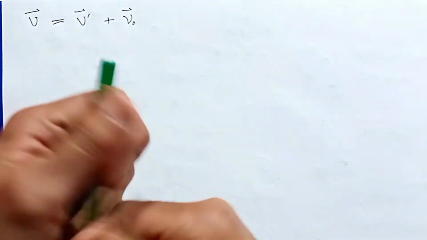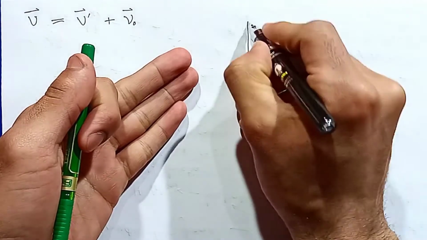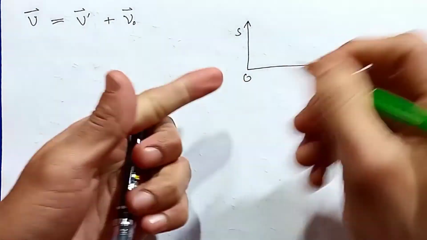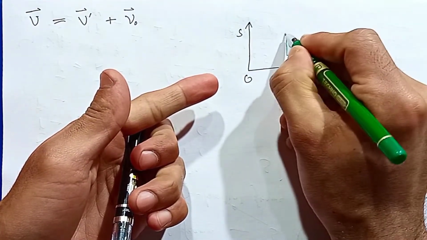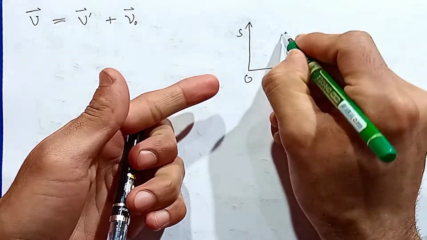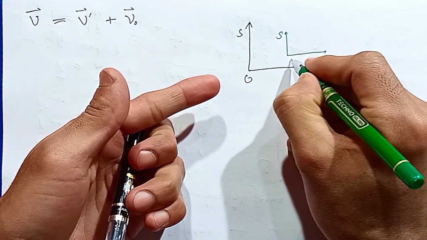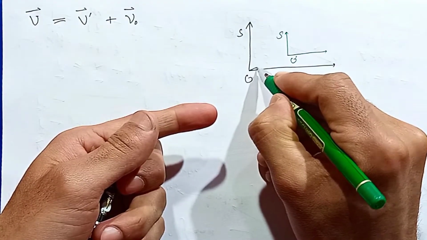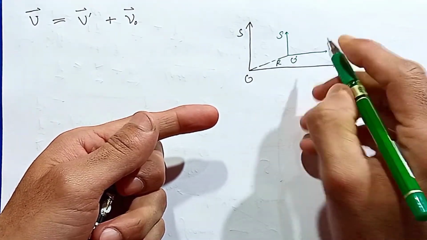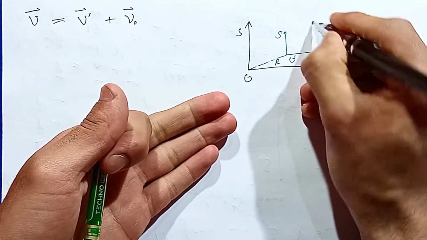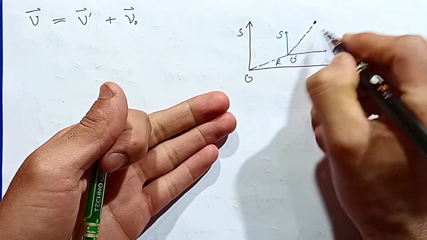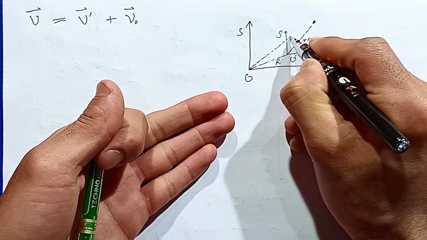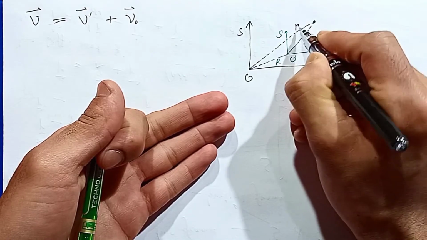I have drawn this: S prime is the frame of reference with origin O prime, and S is the inertial frame with origin O. The position vector of O prime is R, and a point considered here has position vector R prime with respect to this frame, and with respect to the inertial frame its position vector is r.